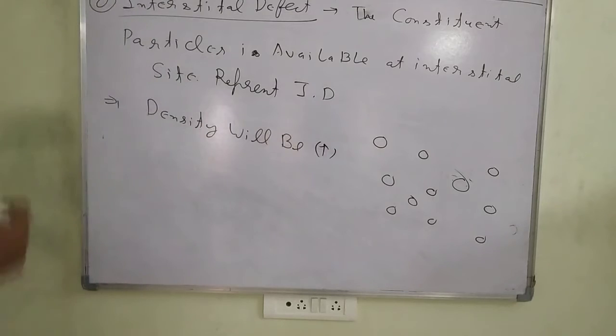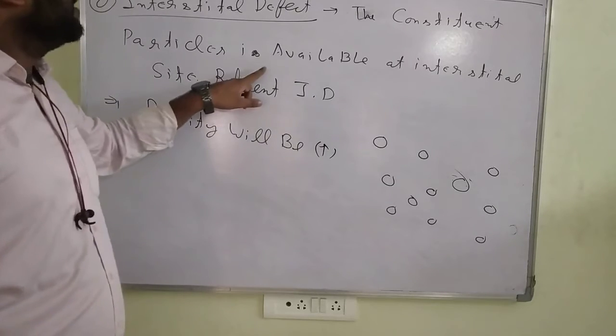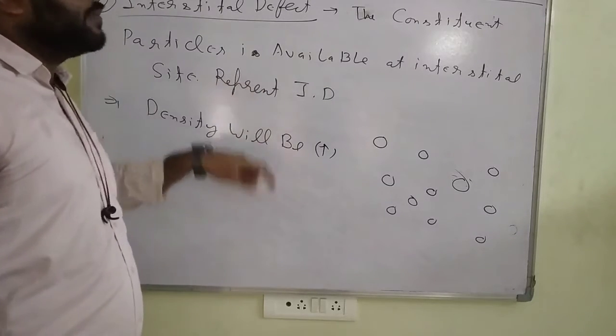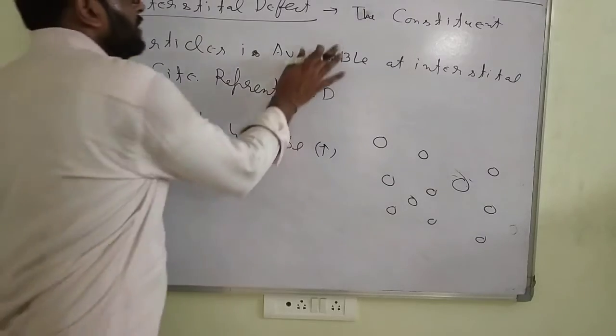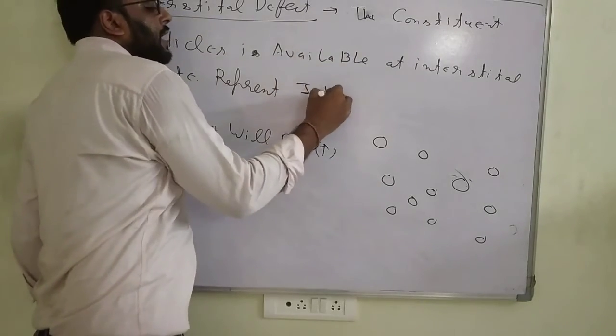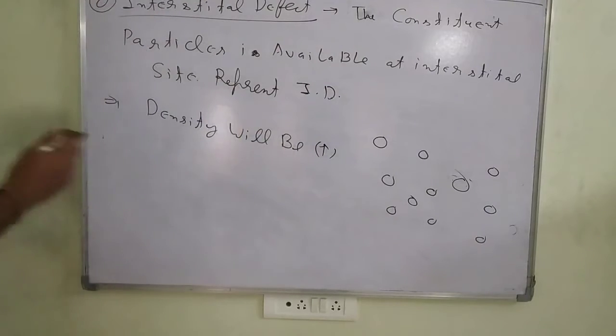Just write down this definition. ID means interstitial defect. The density will increase in this type of defect. I hope you are getting my point.